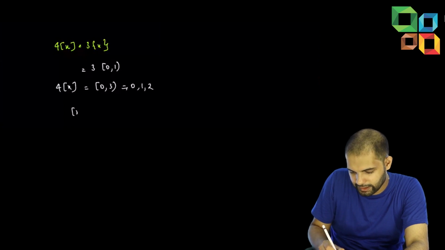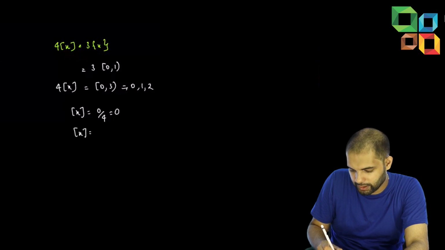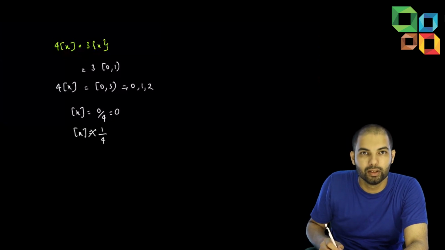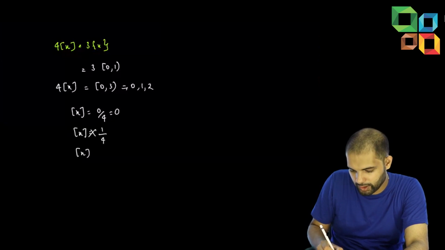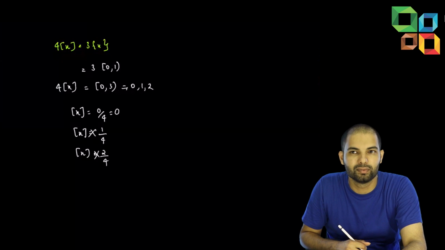So we're saying the integer part is 0 by 4. This makes sense. This can be equal to 0, no problem. But integer part is equal to 1 by 4 is certainly not possible, right? Integer part is equal to 2 by 4 we are getting, and this is also not possible because integer part is always an integer, correct?